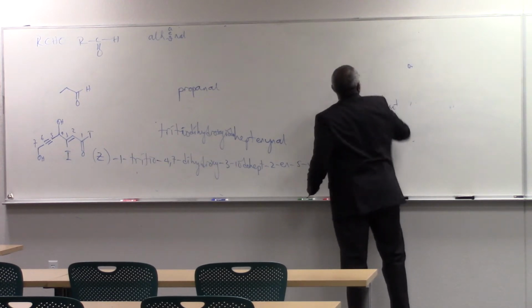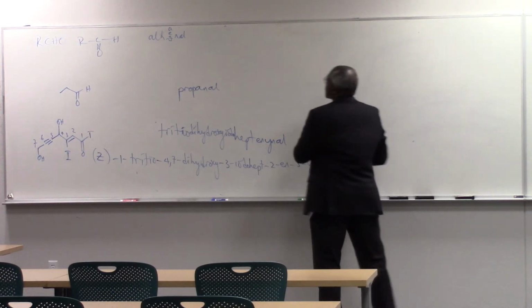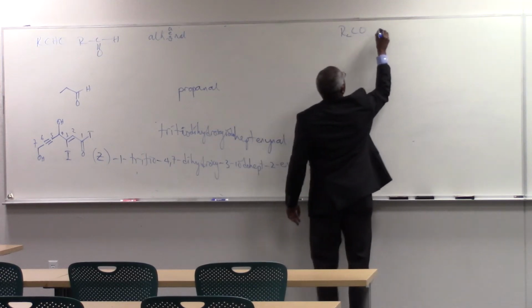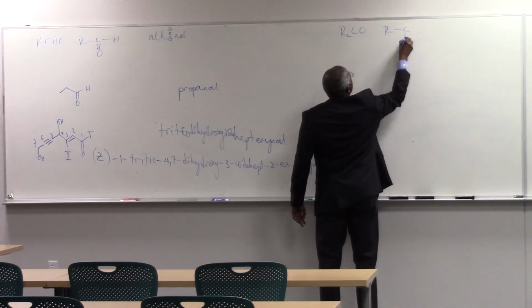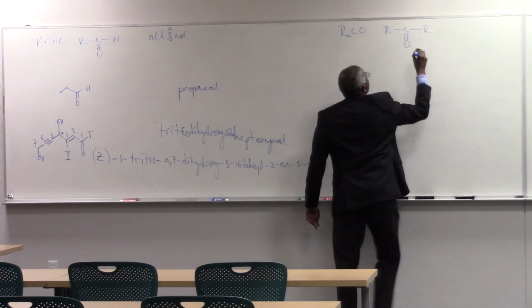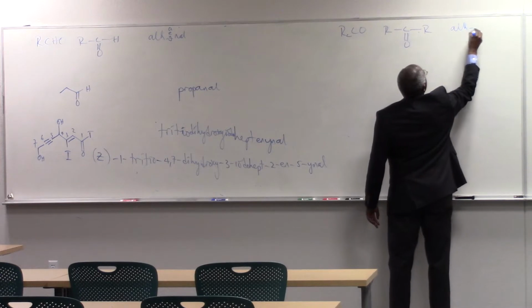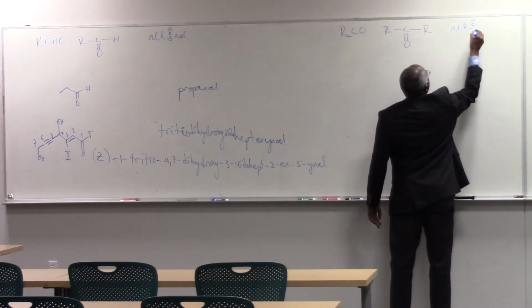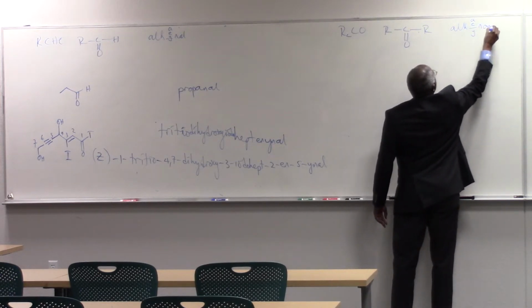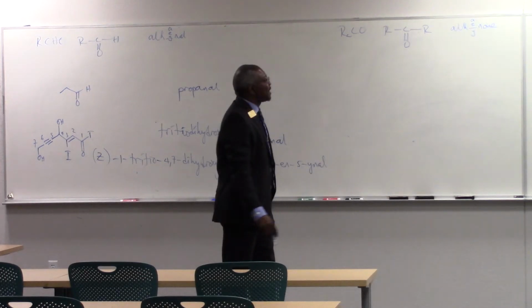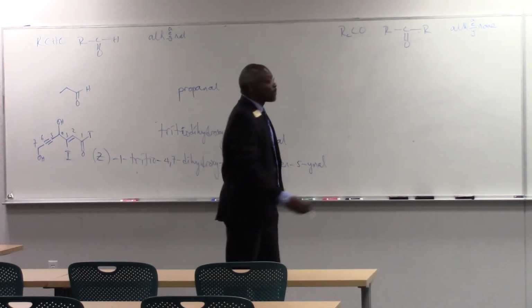Then there are ketones. So ketones are R2CO. In other words, they are C double bond O with R groups, and they are called alkanones, alkenones, or alkynones, depending on the character of the backbone.